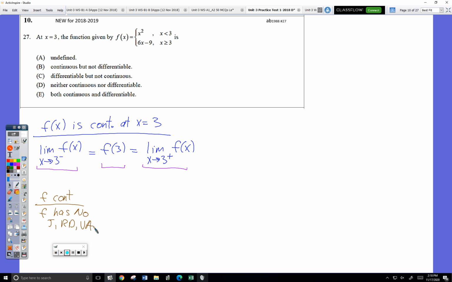I use this flashcard when I am doing a graphical problem. So f is continuous if f has no jumps, removables, or vertical asymptotes. I use the other flashcard when I'm doing a non-graphical problem, because I've learned from experience that on the written section I'm going to have to. So because they're not equal to each other, that's why they're neither continuous nor differentiable.